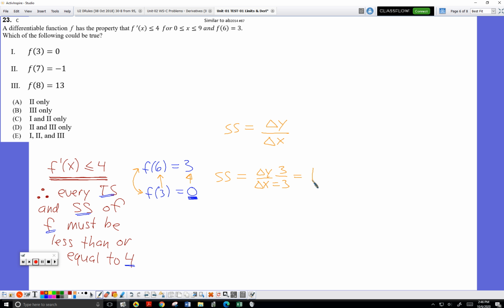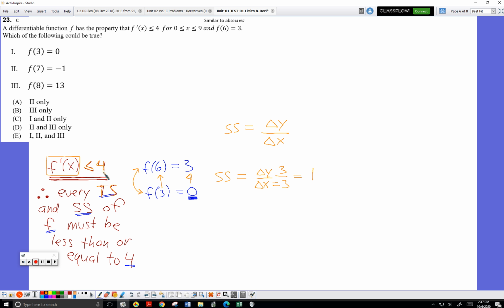Three points. Do we want to talk about it? Somebody? Okay. How are you finding the secant slope? It's okay, I understand that. F prime is the symbol that represents the slopes of f. So when they say f prime is less than or equal to 4, that precisely means every tangent slope of f will be 4 or less.